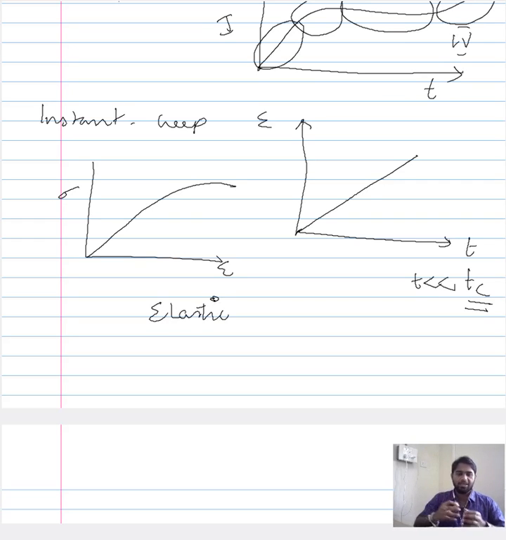meaning there will be a reversible change in the position of the atoms, and given that they are reversible, the atoms will get back to their normal position once the load is released. So given the sudden condition of loading, there will be a metastable or reversible change in the position of the atoms, and given that this sudden imposition of the load occurs at a higher temperature, in addition to this elastic deformation of the material, we have seen that there can also be an anelastic change in the material.